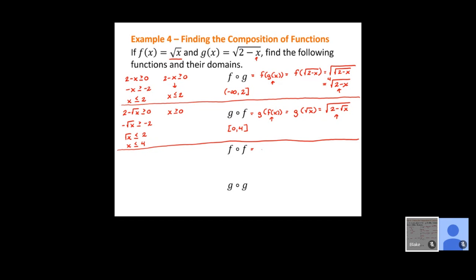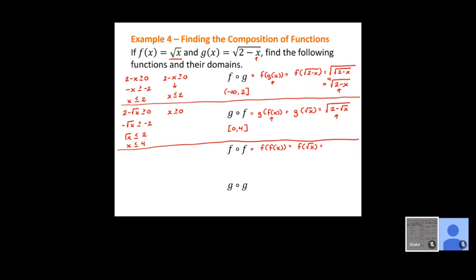All right, f of f. So now we're composing a function with itself. Okay, so what's our inside function this time? Square root of x. So we're taking f of the square root of x.